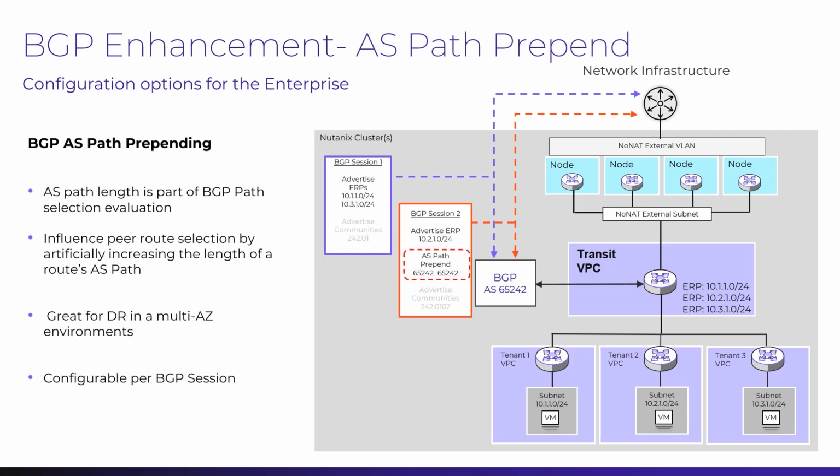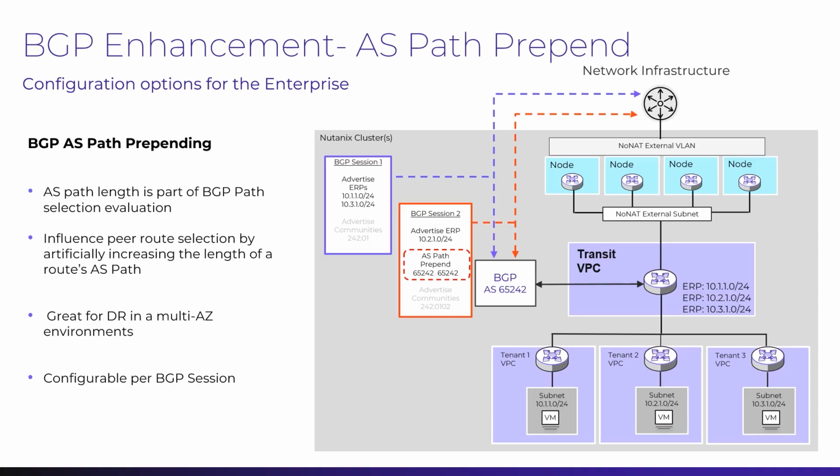And last but not least, we introduced the ability to use AS path prepending in our outbound externally routable prefix advertisements. Within the BGP protocol, AS path length is part of the BGP path selection evaluation. The path with the shortest AS path is often the best path and gets installed into the router's routing table.